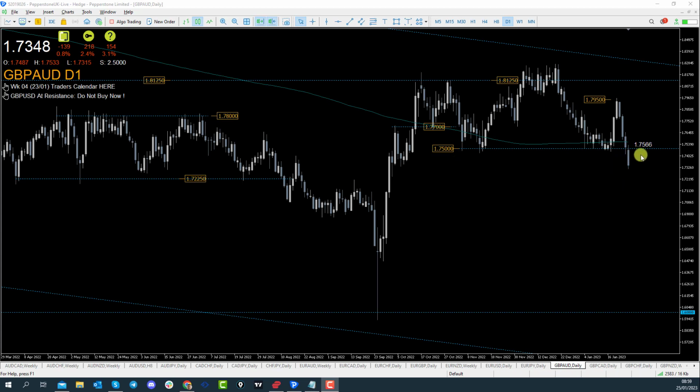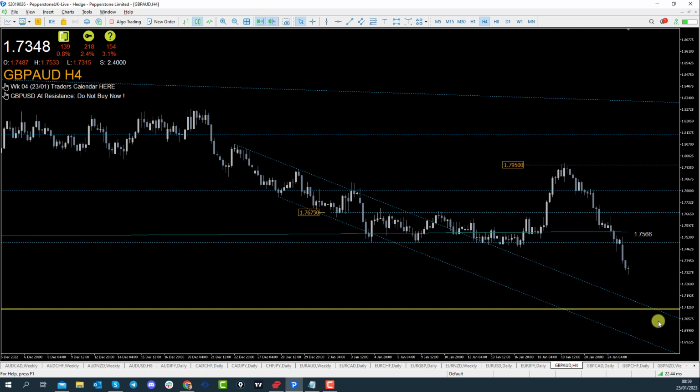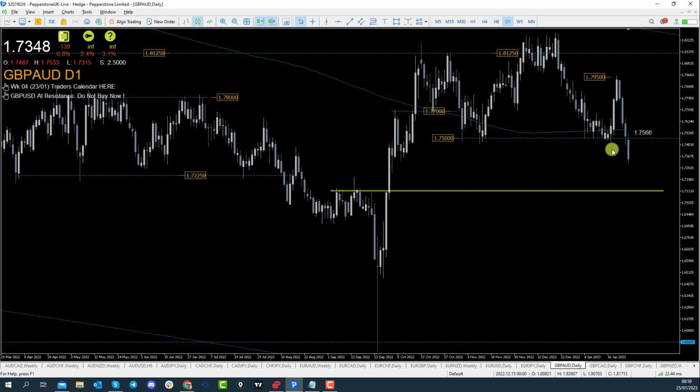That would then open the door for a medium term trend, I reckon, with a pullback into that 1.75 as resistance, because the next area of support is down towards the 1.71 handle, around this area. So we could argue that price has got a long way to go before finding that support. So if we do get a pullback, it could be an option to look for short trading opportunities there.